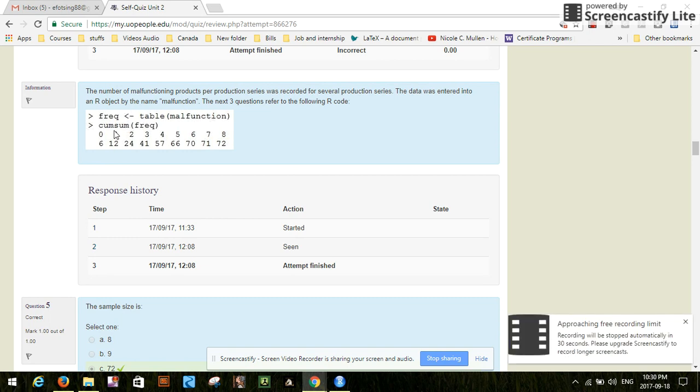But then we have the cum sum of that frequency table. Basically, this is the cumulative frequency. We keep adding numbers until we get to this. So again, this is a cum sum. They didn't divide this by the total. So technically, there should be about 72 items in this data set. We'll come back to this in the next video.